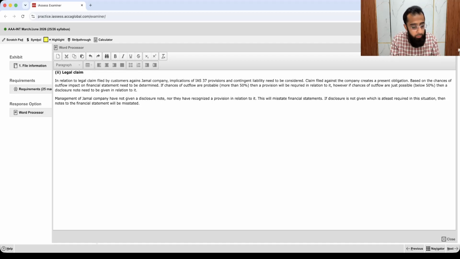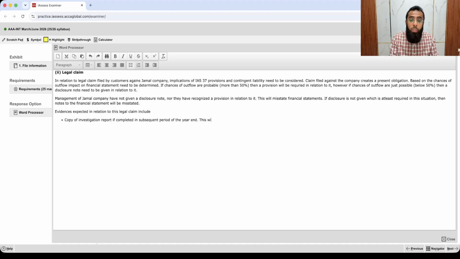Are you getting it? What audit evidences can you expect in relation to it? Evidences expected in relation to this legal claim include, okay, extracts or copy of the investigation report if completed in the subsequent period of the year end.